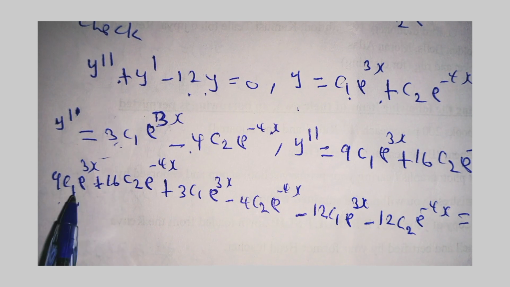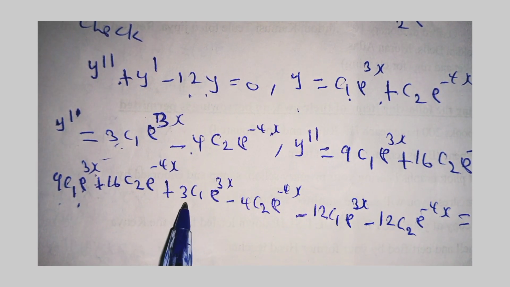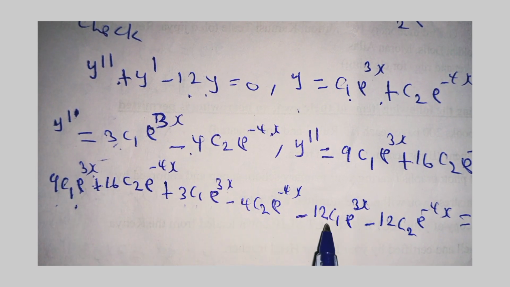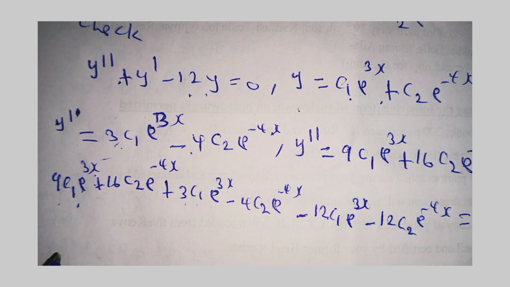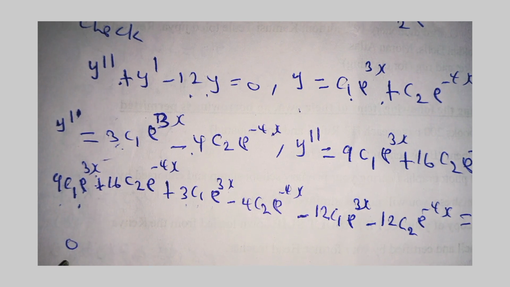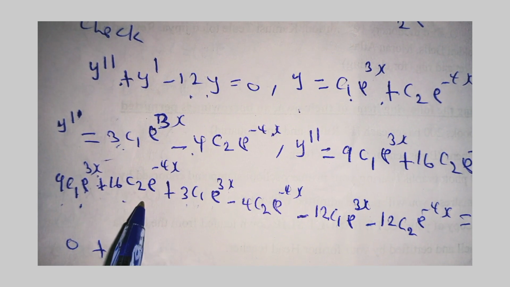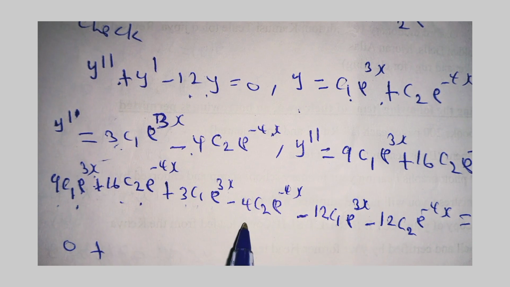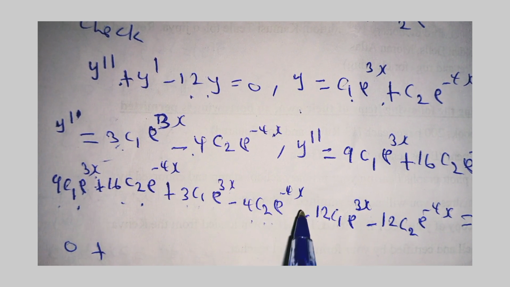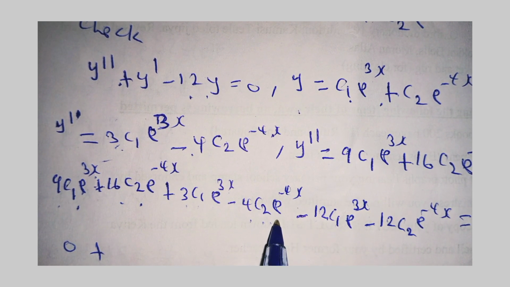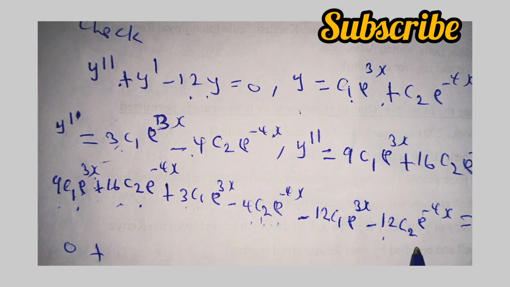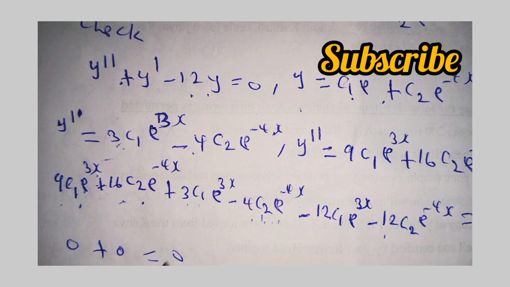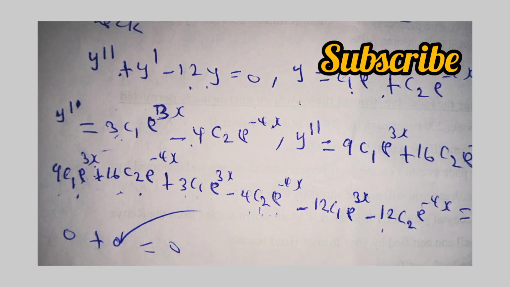So you have 9c1 plus 3c1 minus 12c1 exponential 3x, which gives 0, plus 16c2 minus 4c2 minus 12c2 exponential negative 4x, which gives 0. So it is equal to 0, meaning that our working is correct.